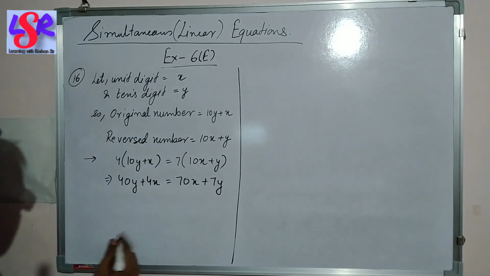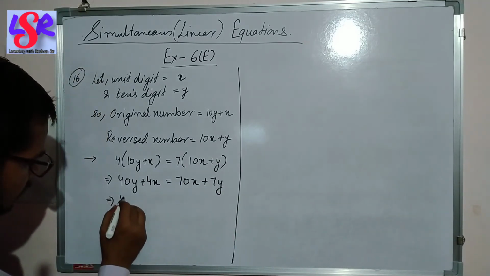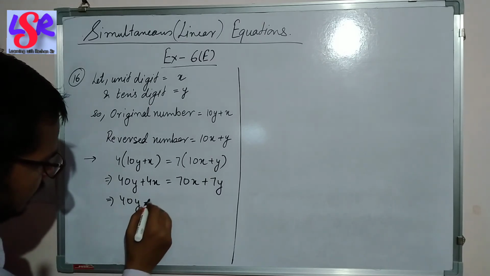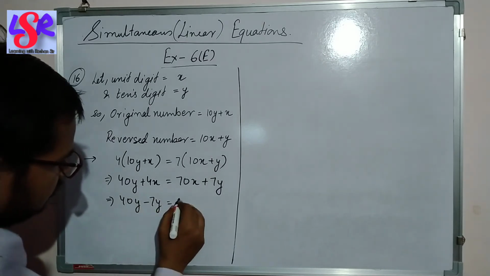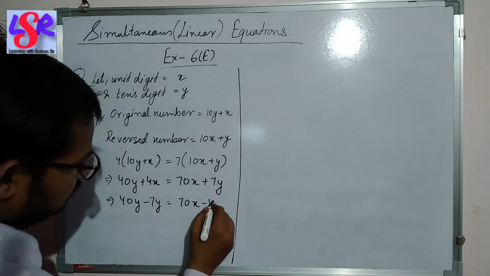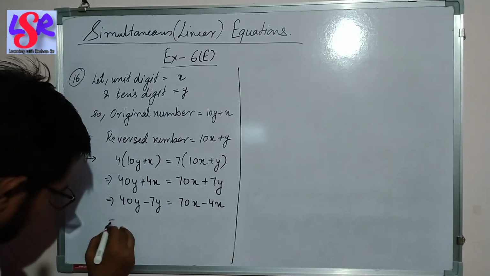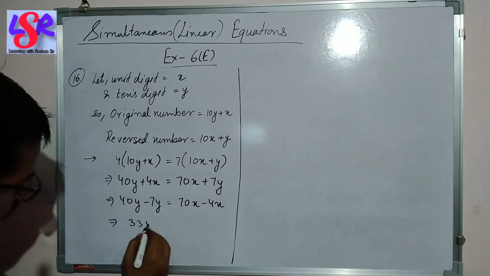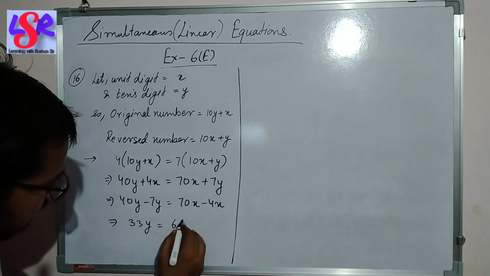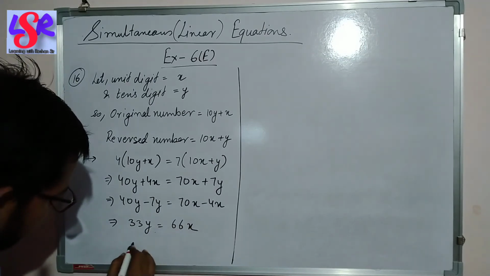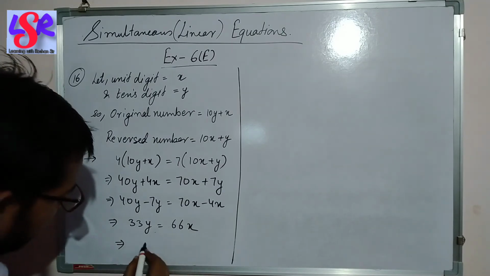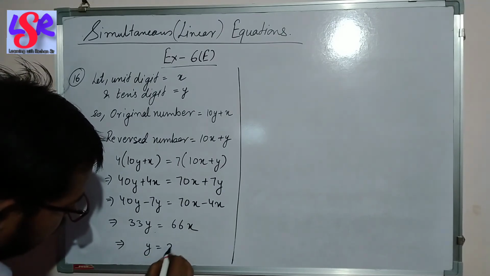Now rearrange them, and here it will be 40y minus 7y equals 70x minus 4x. And here on solving, this will be 33y equals 66x, and on dividing both sides by 33 we get y equals 2x.